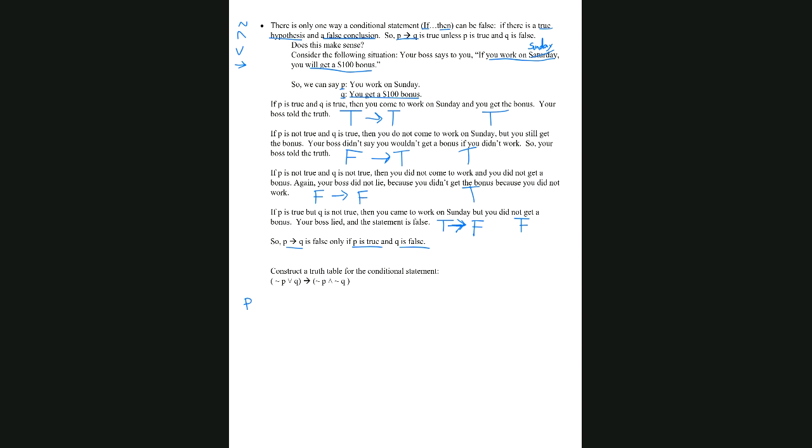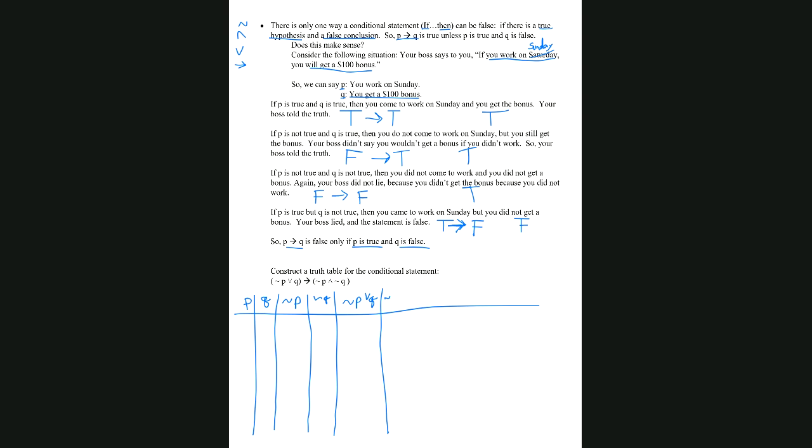I know I need a P, and I know I need a Q. I know I need a not P. I need a not Q. I need a not P or Q. I need a not P and not Q.